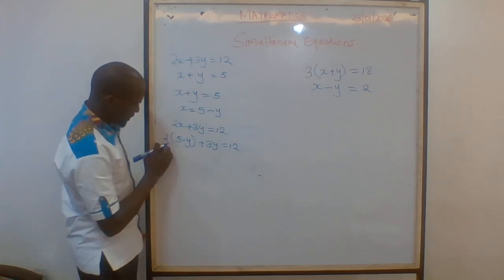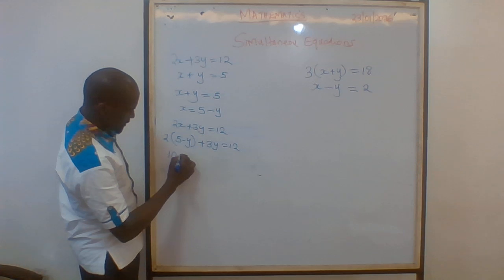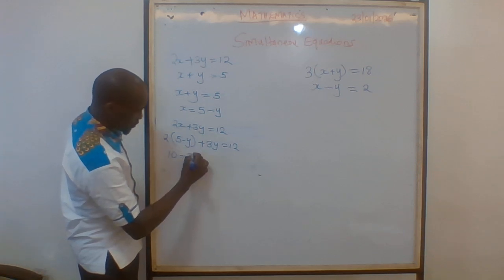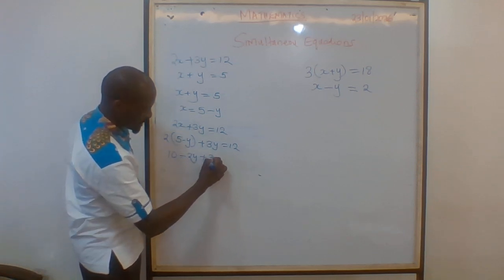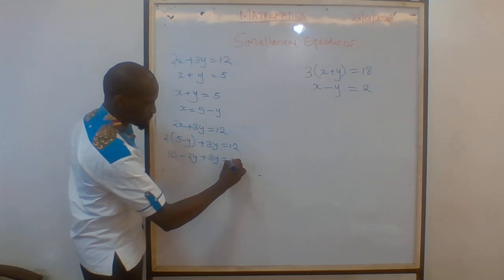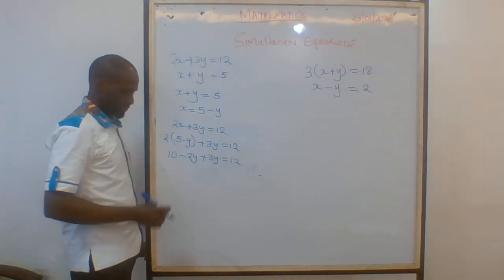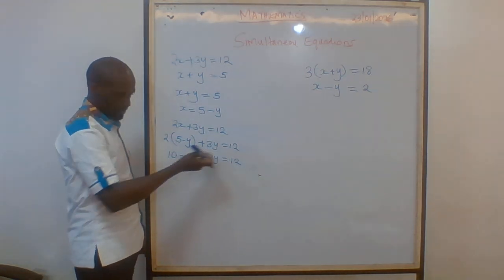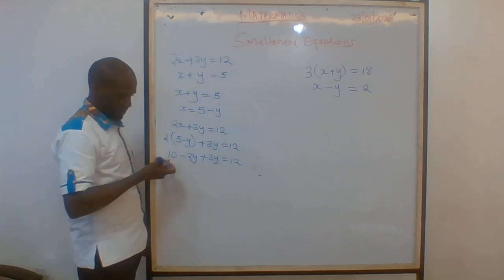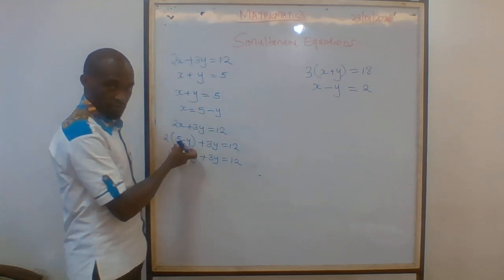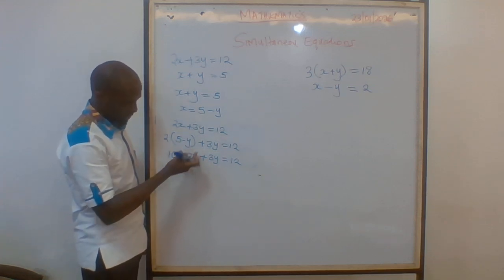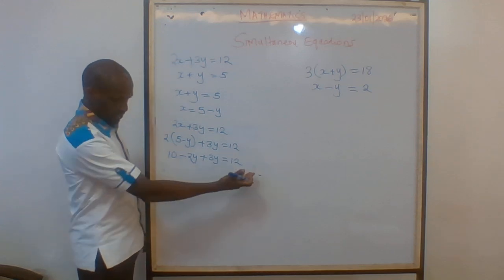We open the bracket. So here we're going to have 10 minus 2y plus 3y is equals to 12. We are only opening the bracket so that we have 2 times 5 is 10, 2 times negative y is negative 2y, plus 3y is equals to 12. That is what we have here.